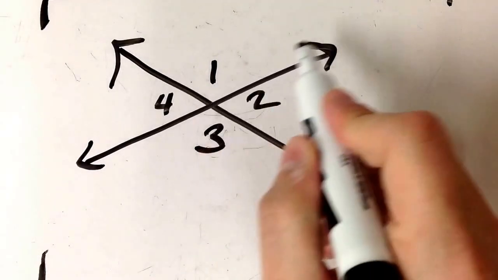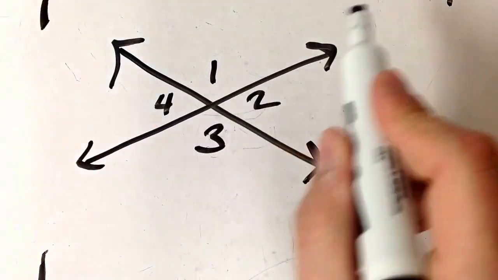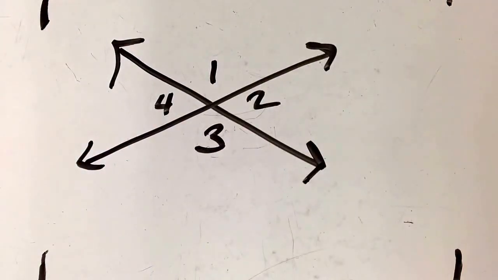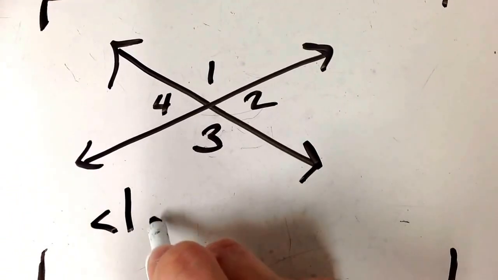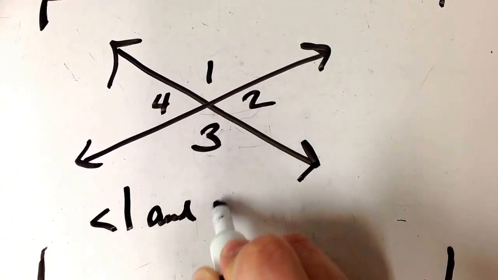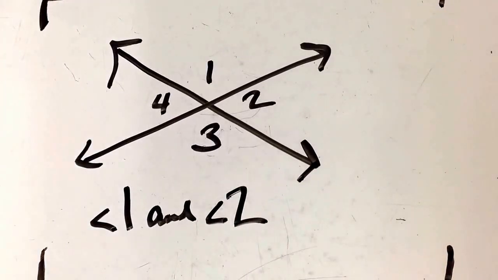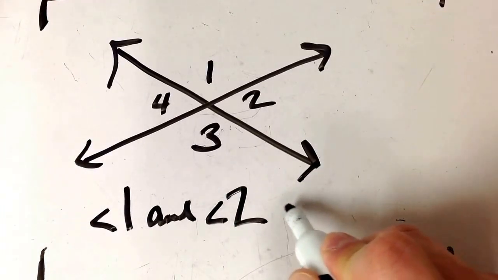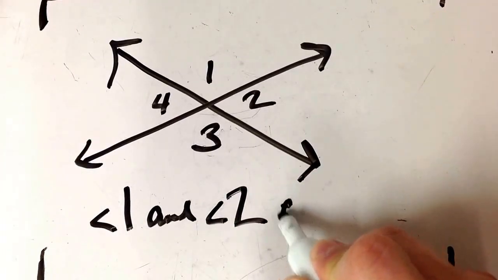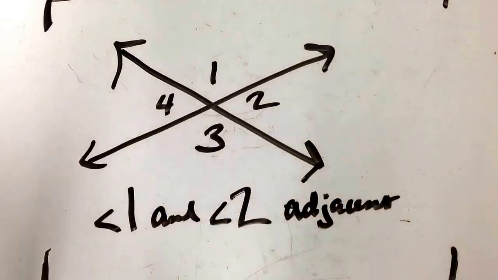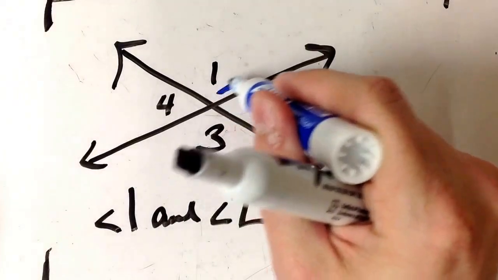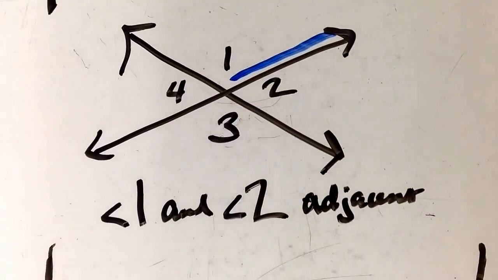This is a common side for these two angles. So I would write angle 1 and angle 2 are adjacent angles because they share this common side right here. This right here is a common vertex and common side.